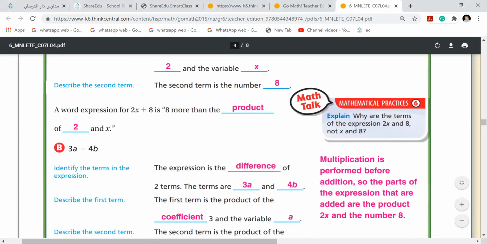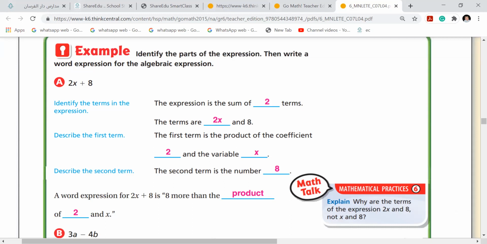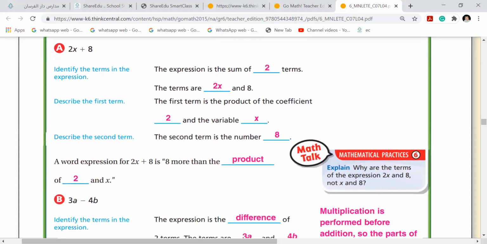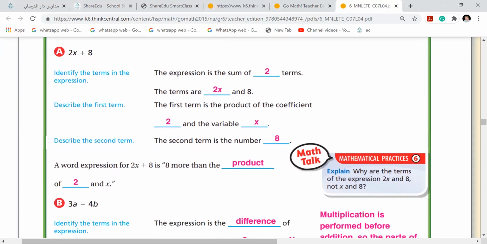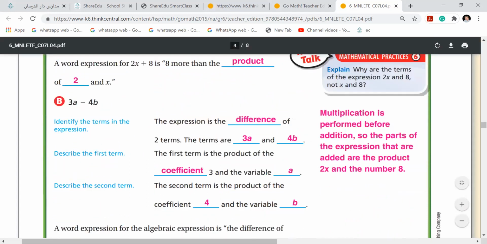I'll show you in a minute. Finished? Yeah, Miss. All right. Let's go to another one.